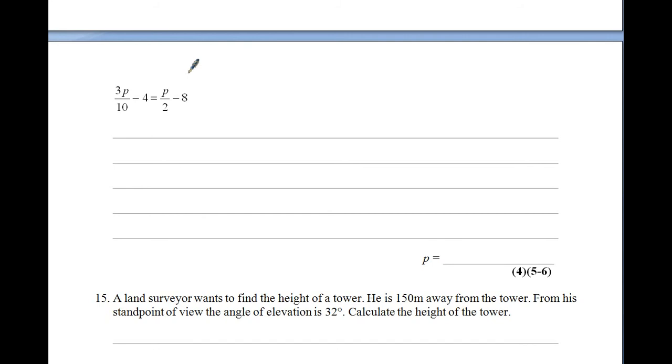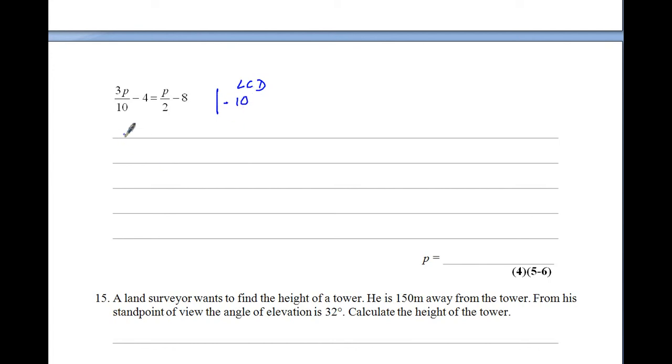Okay, let's also do this equation here. So think in terms of operations again. I have fractions, so I'm looking for the lowest common denominator, which is 10, because 2 fits into 10. So I multiply everything by 10.